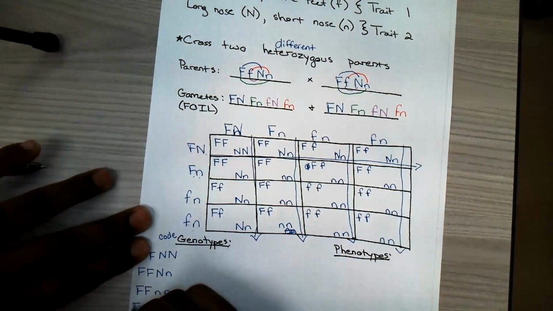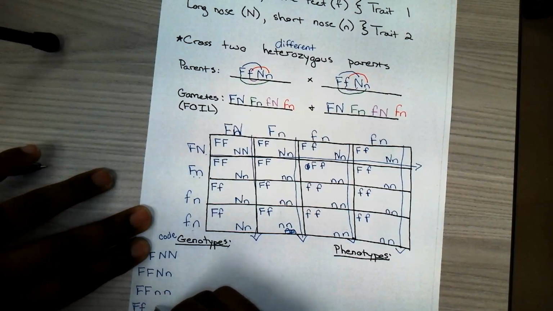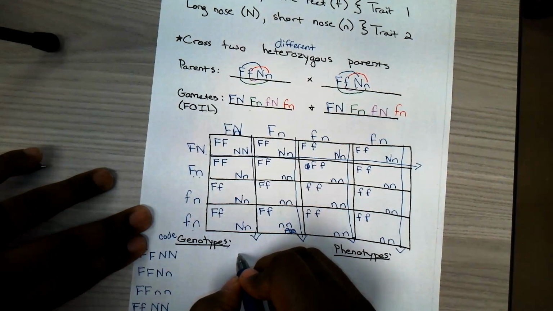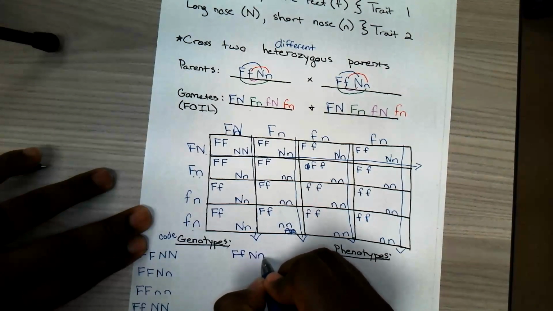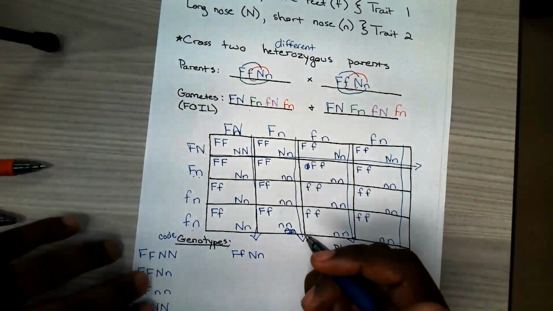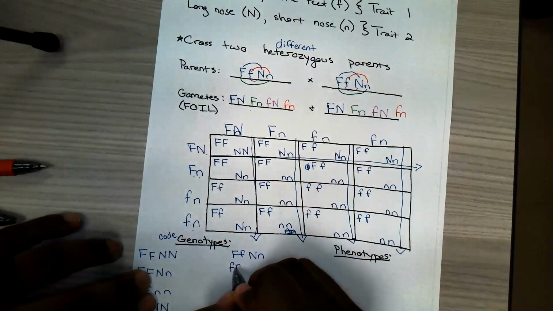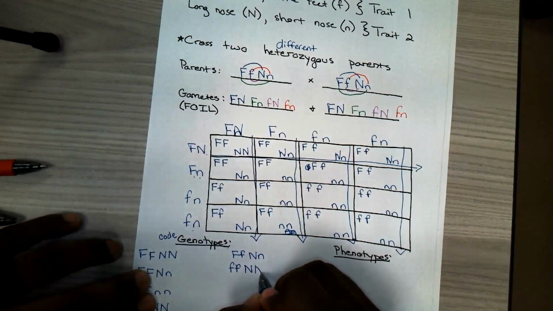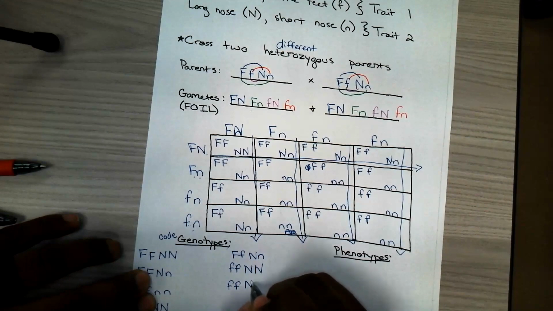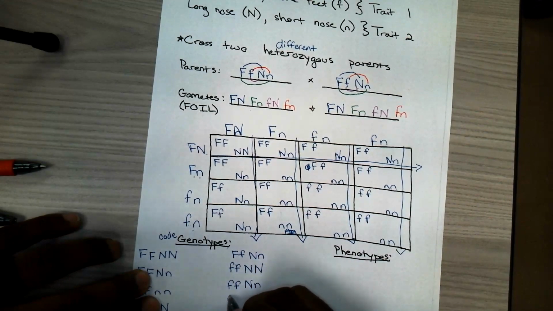We have big F, big N. We also have big F, big N, little n. We have little f, big N, big N. We have little f, big N, little n. And we have little f, little n, little n.